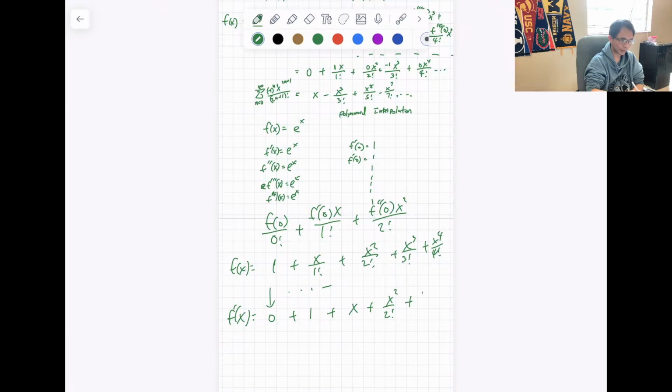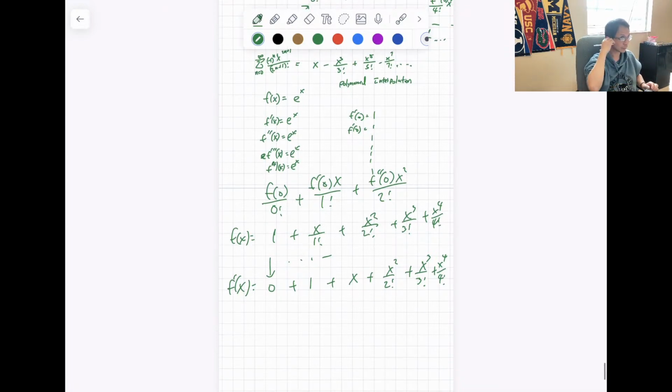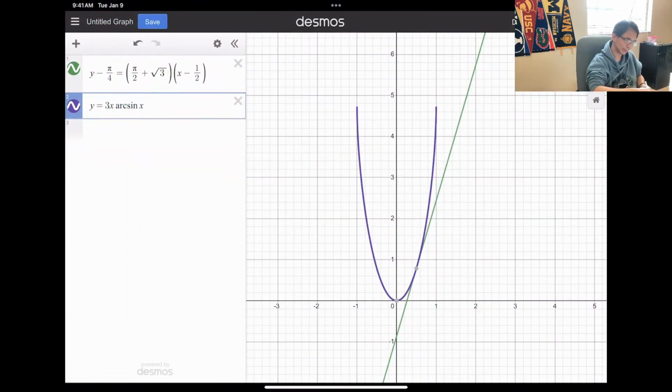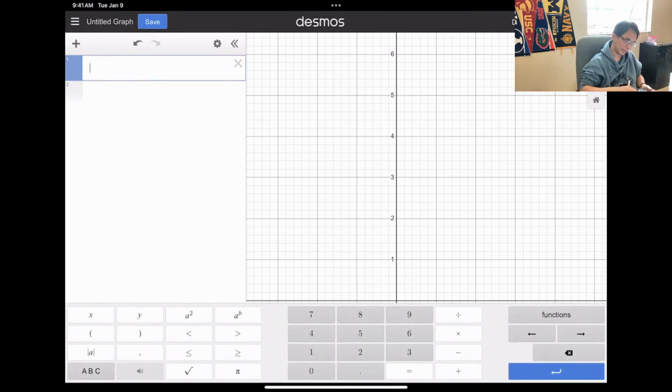Oh, it shifts. Does that look like e to the x? Yeah, it's just the same thing. What's the only function whose derivative is still exactly the same function as before?